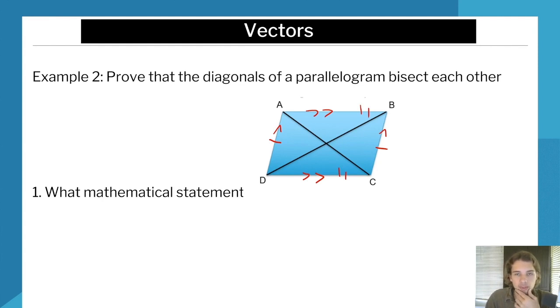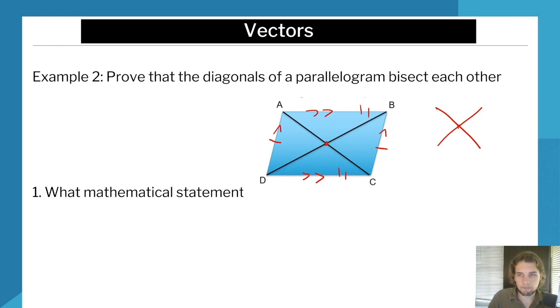Now we want to prove that the diagonals of the parallelogram bisect each other. I should be clear about bisect, if you haven't covered this before: it means a line is cut into two equal pieces. So if these lines bisect each other, they intersect at the point at which they are both halfway in length.